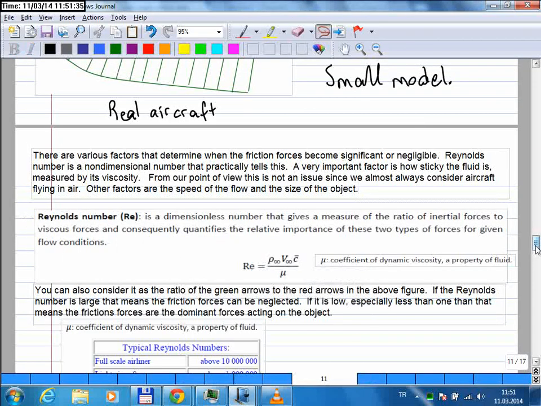Okay, so let's take a look at this Reynolds number. Reynolds number is a dimensionless number that gives a measure of the ratio of inertial forces to viscous forces, and consequently quantifies the relative importance of these two types of forces for given flow conditions.